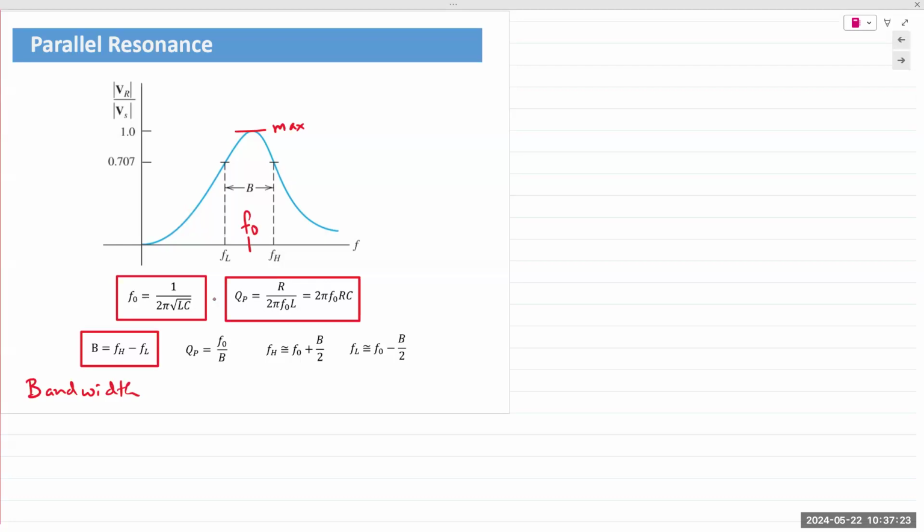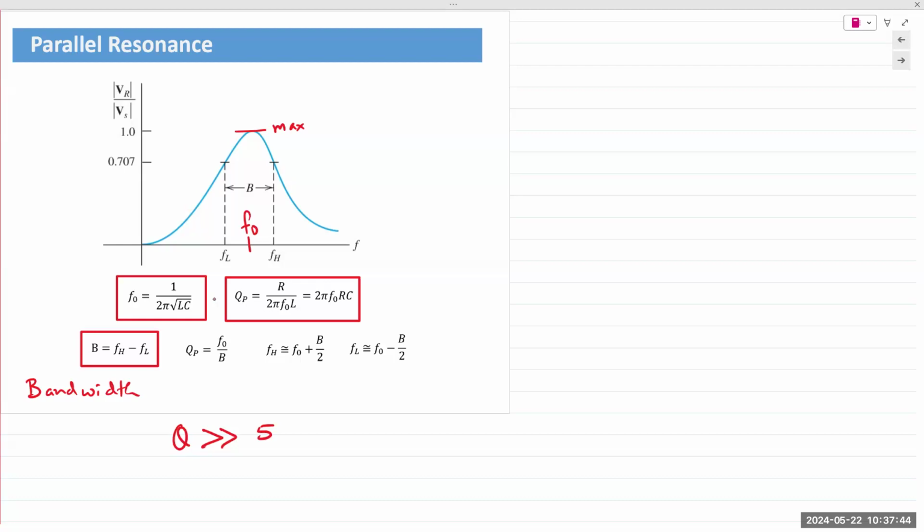If the quality is high, let's say higher than 5, 6, maybe 10 perhaps, then the graph is approximately symmetrical around the resonant frequency.